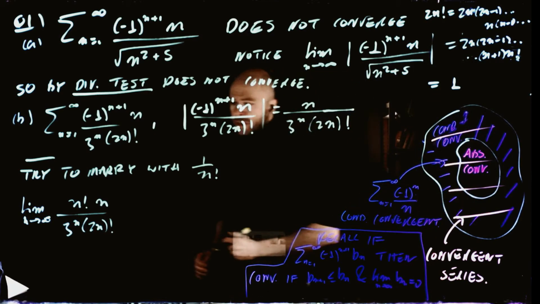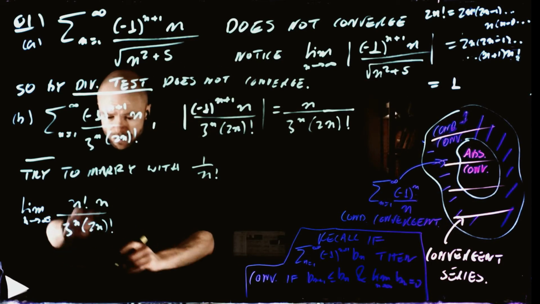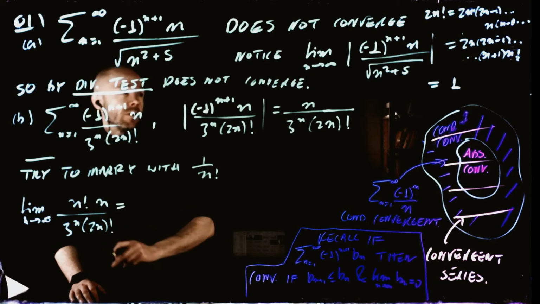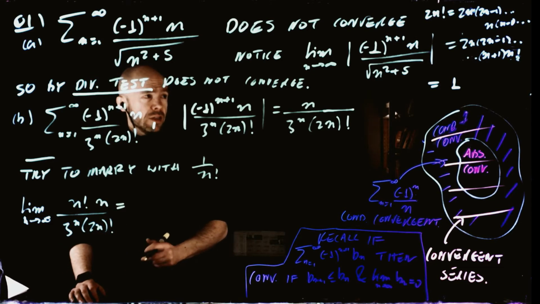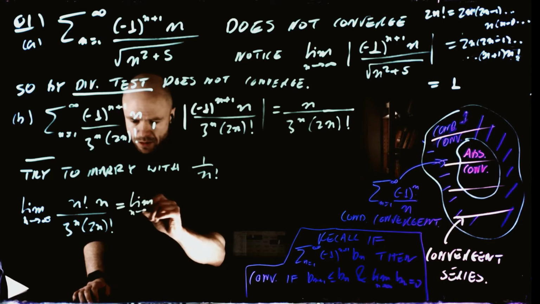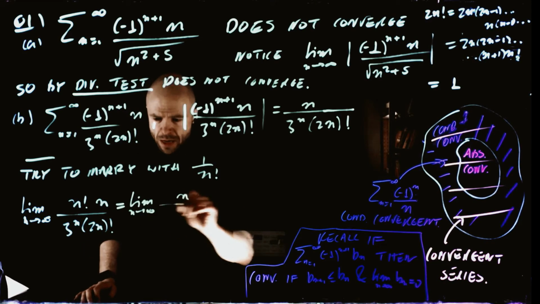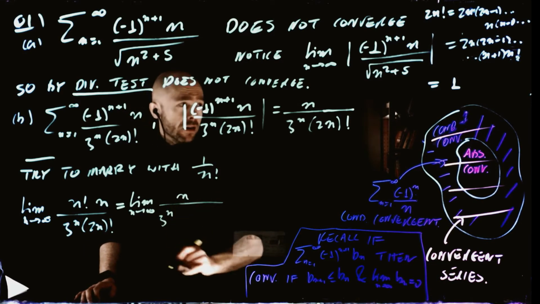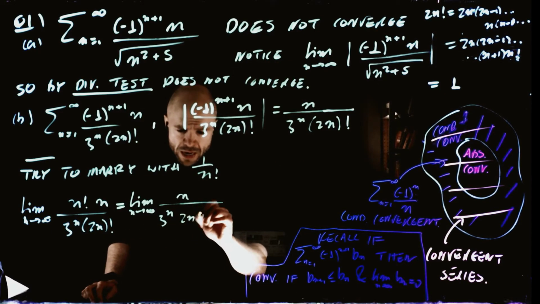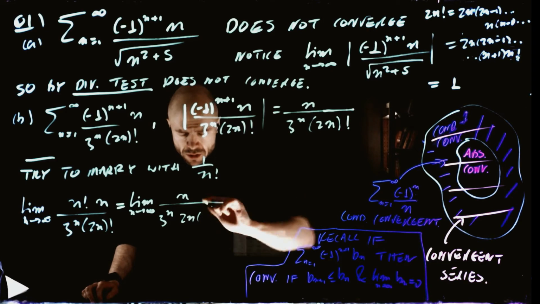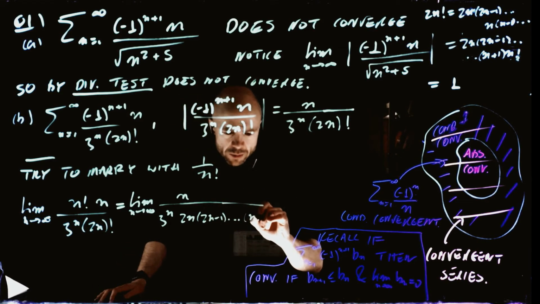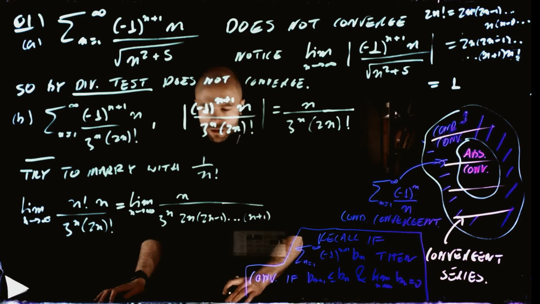Okay, so what happens, we can cancel this n factorial on the top, and we'll have the limit as n goes to infinity of n over 3 to the n, and then we'll have all this stuff here. So we'll have 2n, 2n minus 1, dot, dot, dot, all the way down to n plus 1. Yeah?